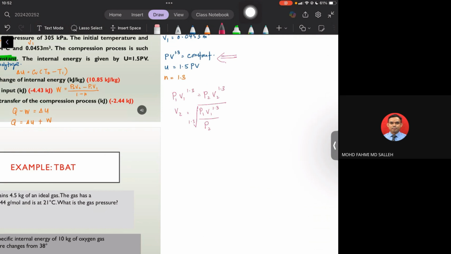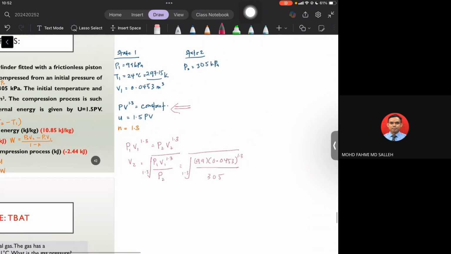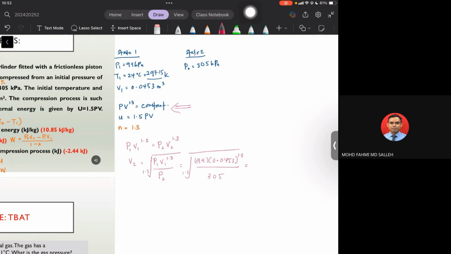So we're going to get the value for V2. So you are going to get 0.0191 meter cube.